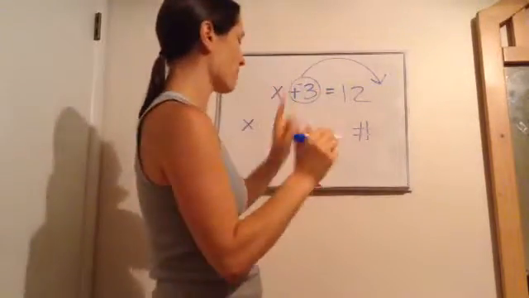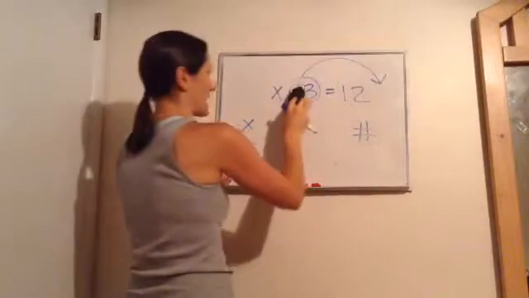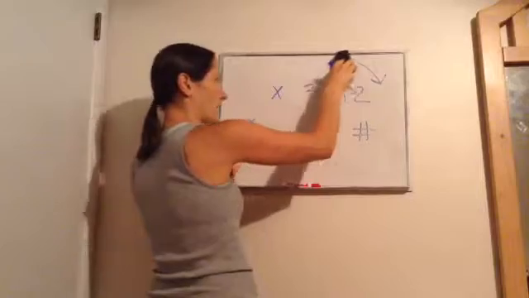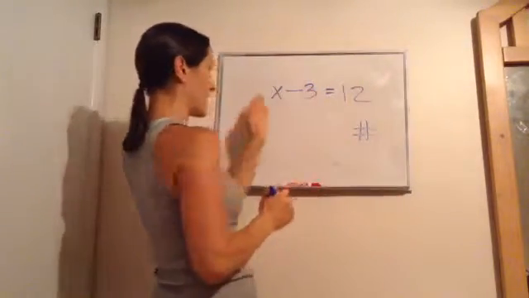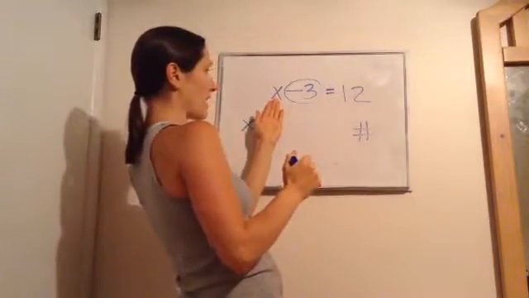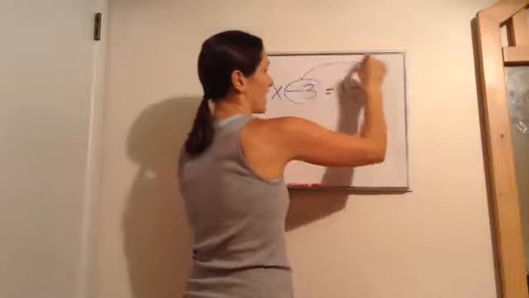Actually, I'm going to take this back. Instead of doing a plus negative in the beginning, I think it's going to work better in your brain to just leave it as minus for right now. So right now it says x minus 3. We want to leave our x over here, but let's put our minus 3 over here.